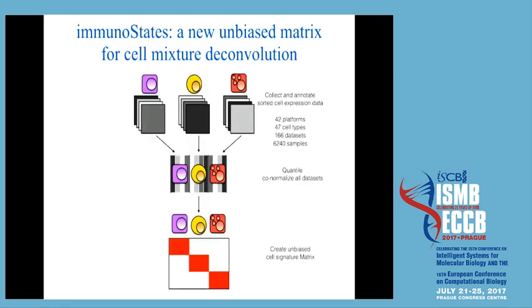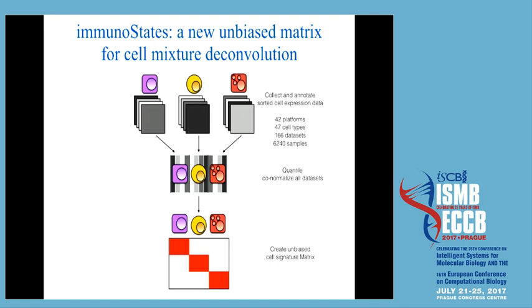And here I present to you immunostates. Immunostates is different from other matrices because it basically encapsulates a lot of technical and biological heterogeneity. It's been built using over 6,000 expression samples profiled over 42 different platforms. And the samples that went into it came from both healthy subjects and disease-affected individuals.